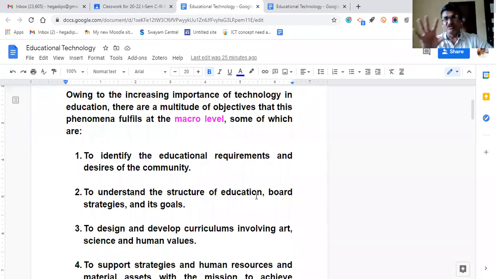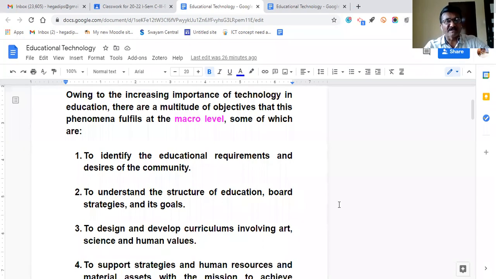So you will come to know with the help of comparative studies, comparative learning, why we have changed it accordingly, the demands and requirements of the community. Therefore, the structure of education has to be changed, modified, advanced.